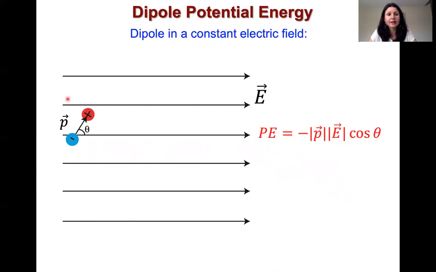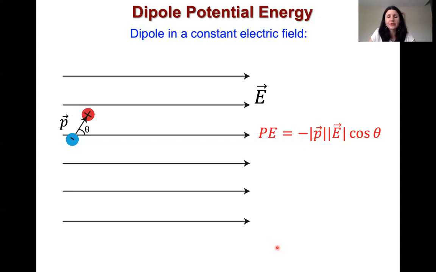So if we're talking about not internal forces, but a force acting on our dipole, we need something else. So when we're thinking about the potential energy of a dipole, what we're really asking is, if there's another object, now we have another source, the dipole is not our source anymore, which generates some electric field.